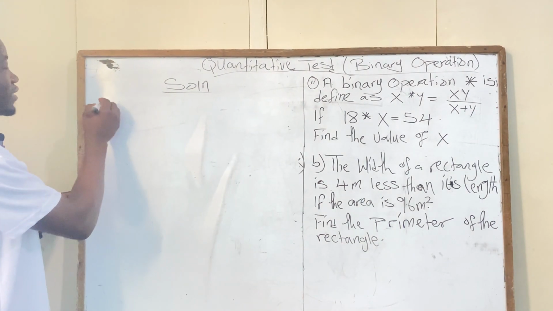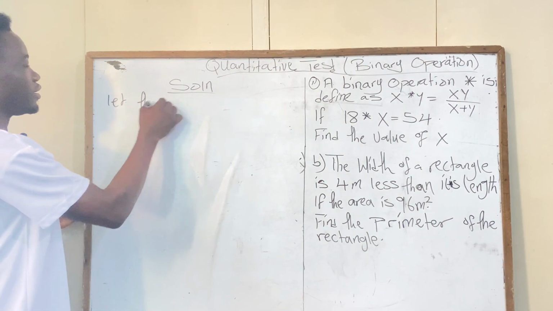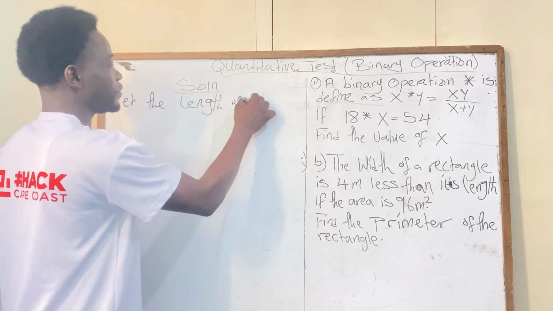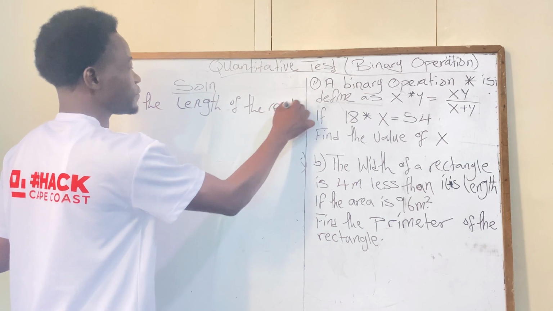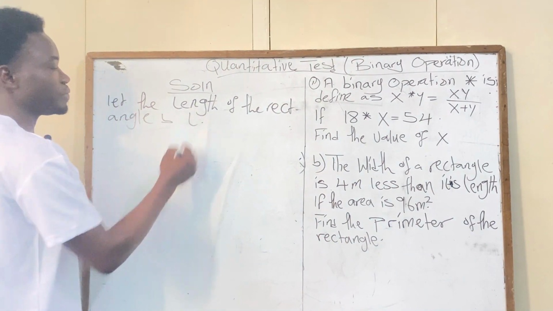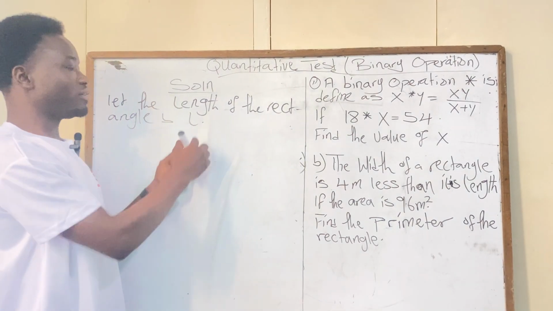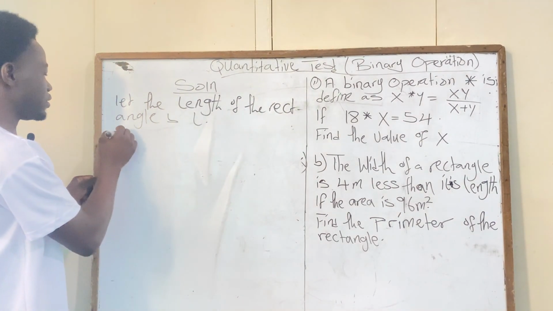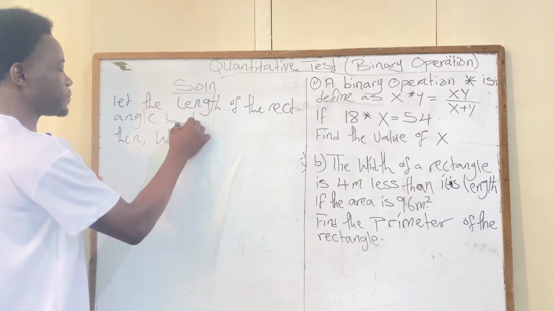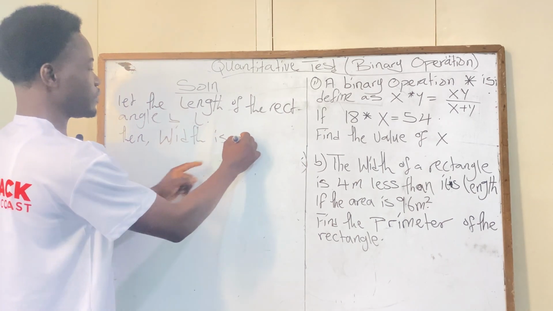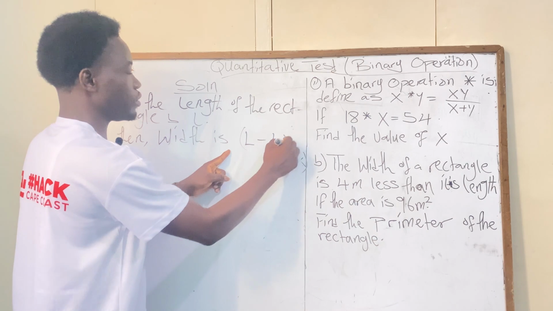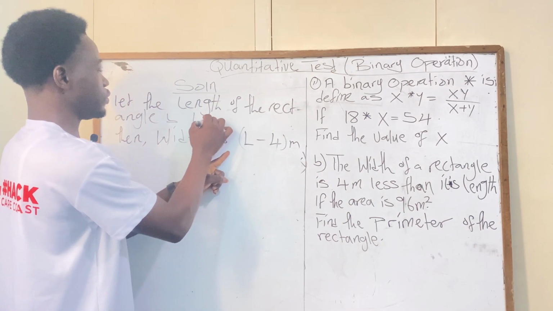So we can say that let the length of the rectangle be L. So now if I know this is L, that is the length, then the width is L minus 4 meters.